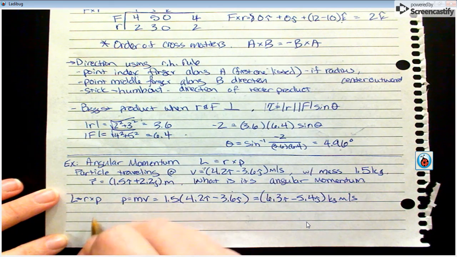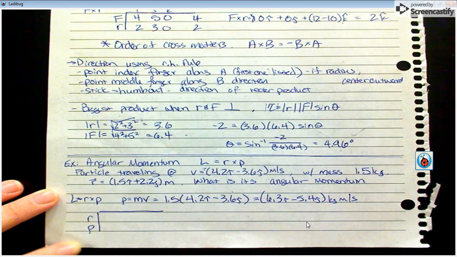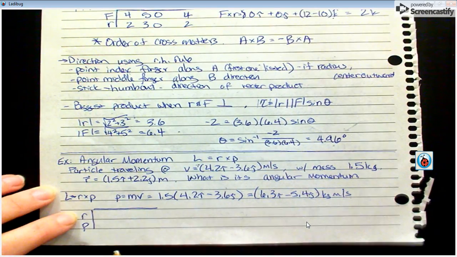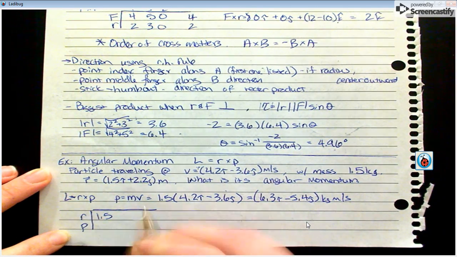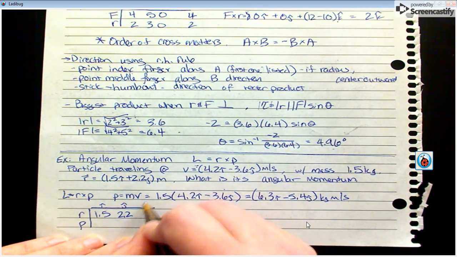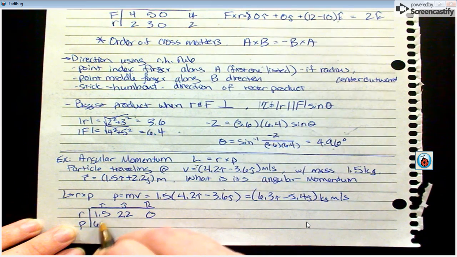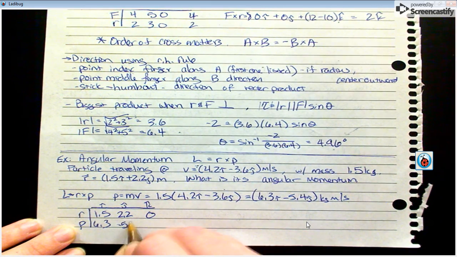All right, now I have a p, now I have an r. I can set up my matrix. Remember to put r first. So for my radius, I have 1.5 i hat, 2.2 j hat, and nada for k hat. And then put in your p values.